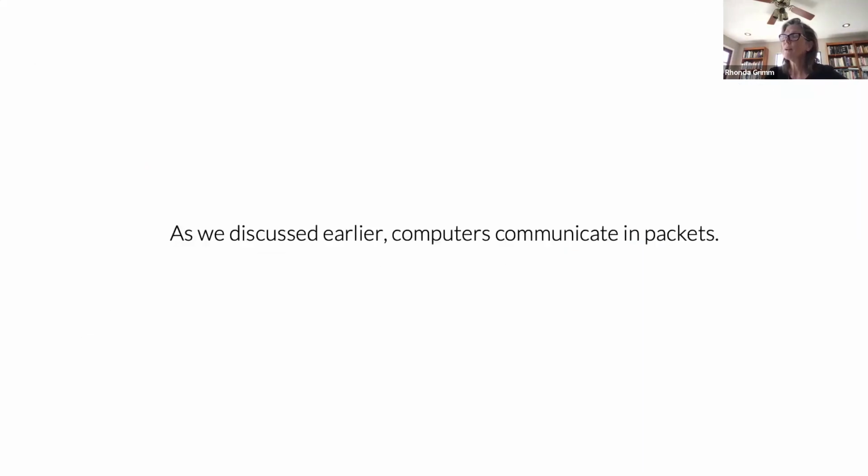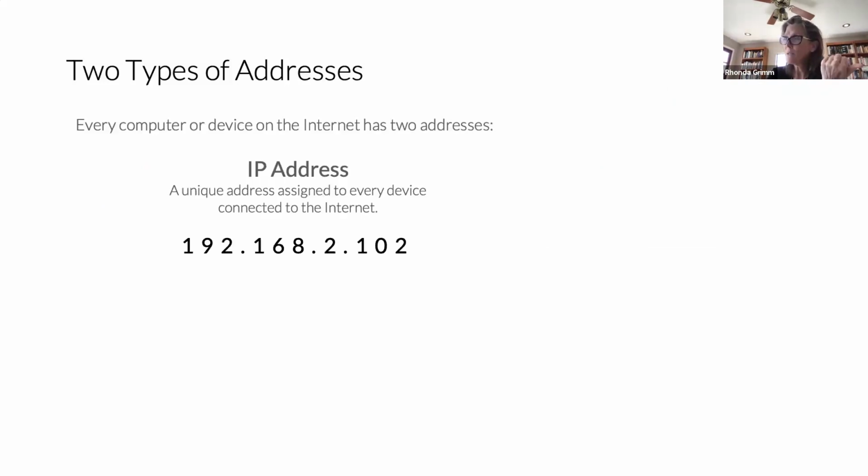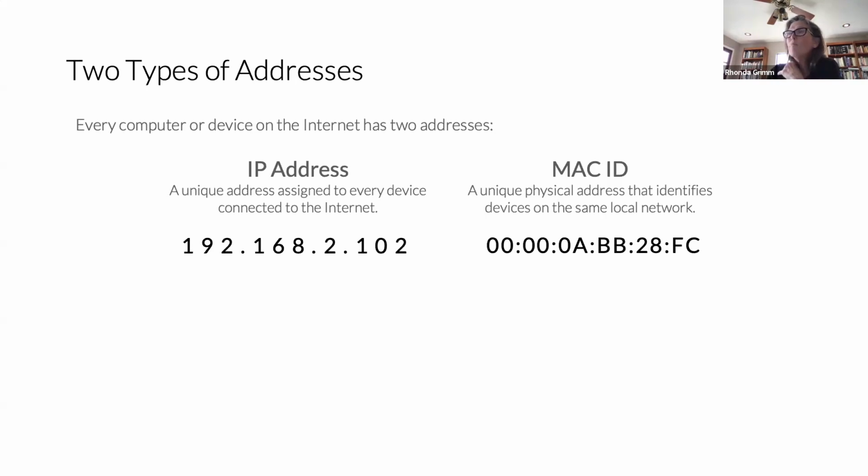As we know, computers communicate in packets. Packets need addresses, and there are two types of addresses. There's an IP address, which is a unique address assigned to every connected device on the internet, and it's unique in order to get where it's going. Then you've got a MAC address, which is the physical address of, say, your phone or your laptop.